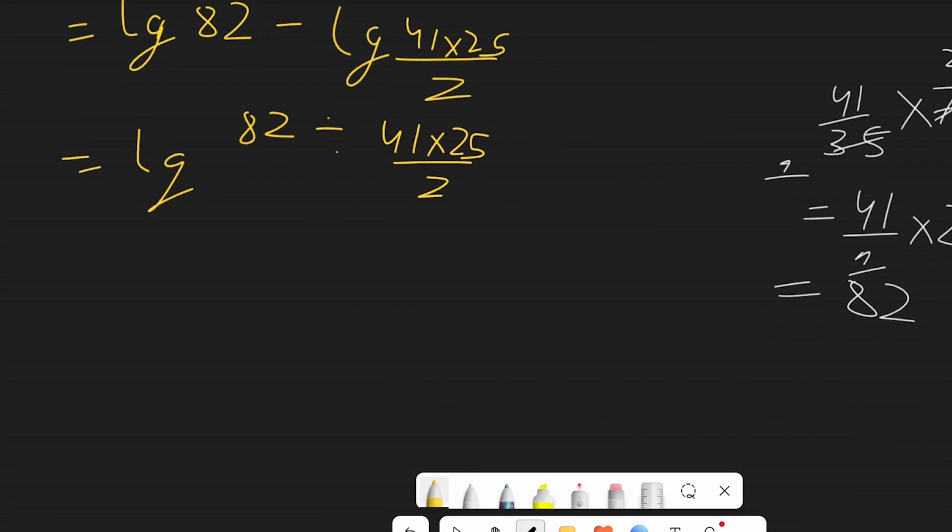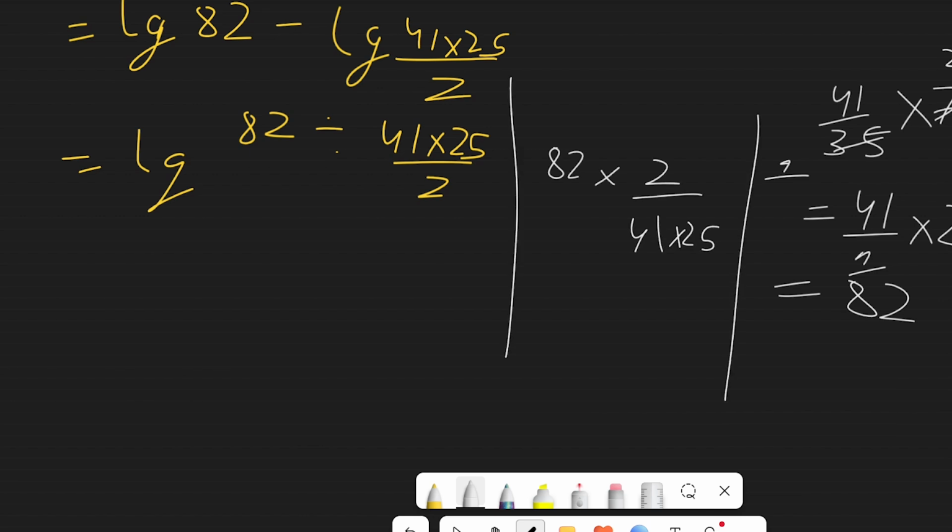Now you can come in your rough working over here, and you can write the same thing, 82 multiplied by 2 over 41 times 25. Okay, this is just rough, you can erase it later or whatever you want to do.